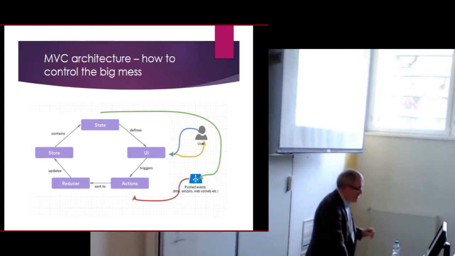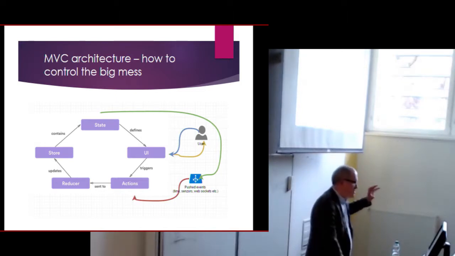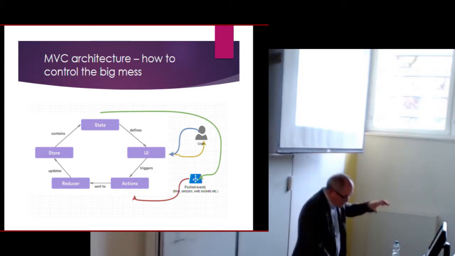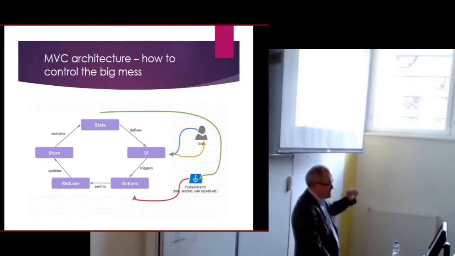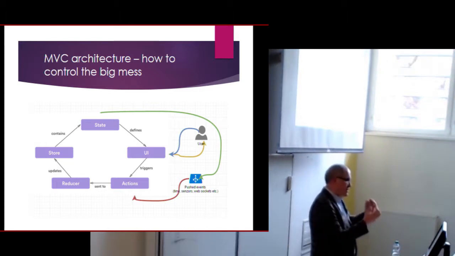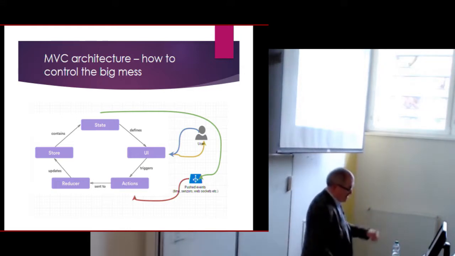Because if I have thousands of such elements, I will not be able to do it in such an easy way, because if I add the 1001st element, there will be a big mess. So I have some defined paths for how to do that. It means first I change the state of the system, and this state is reflected in the other box. Again, I will show you this at the very end.